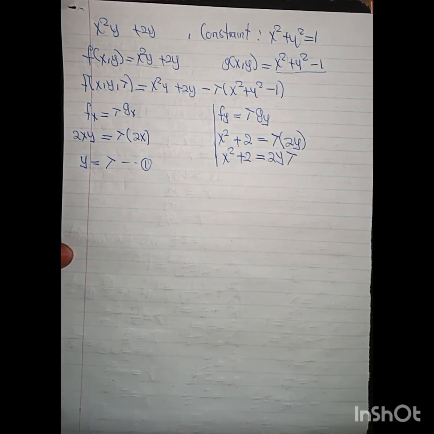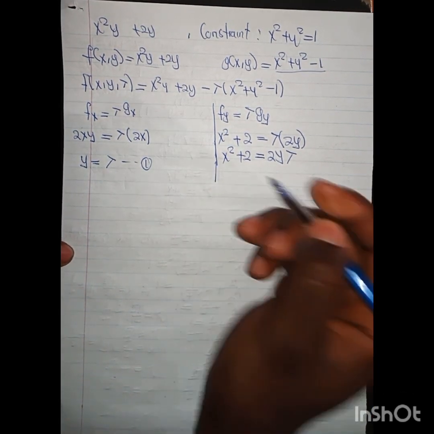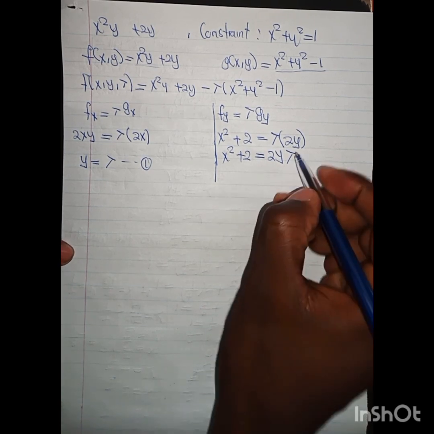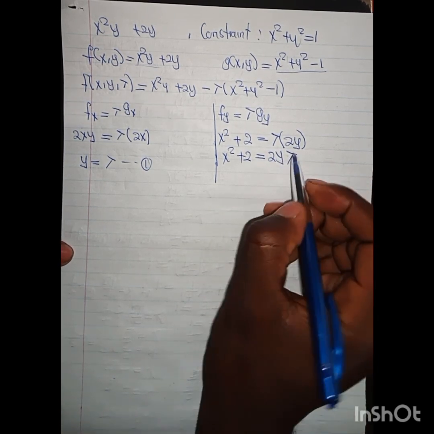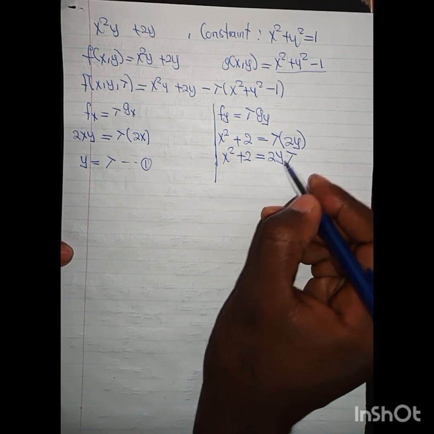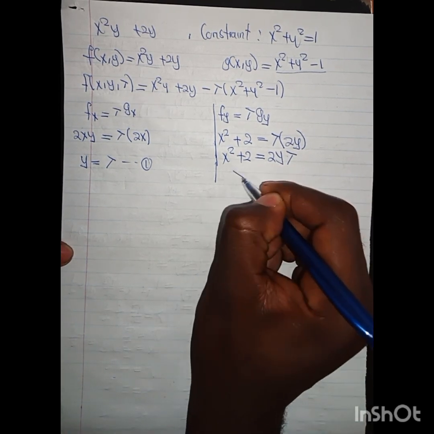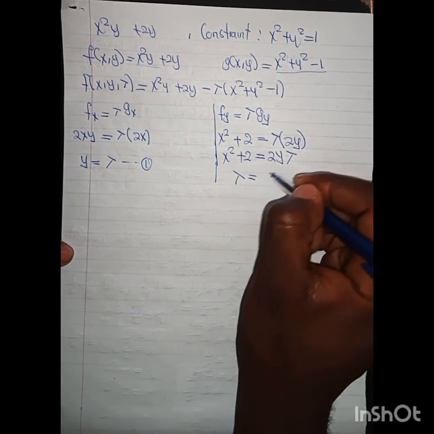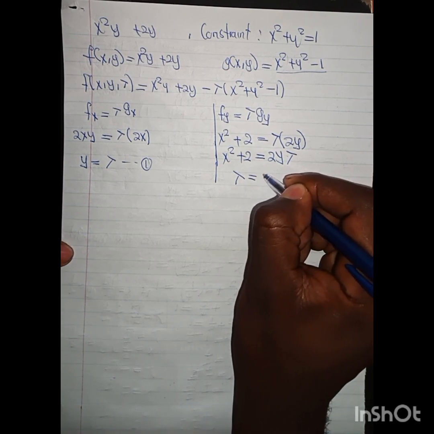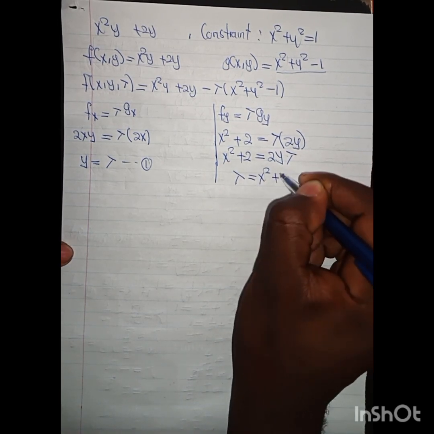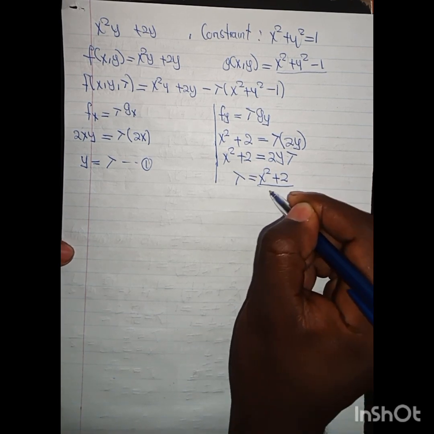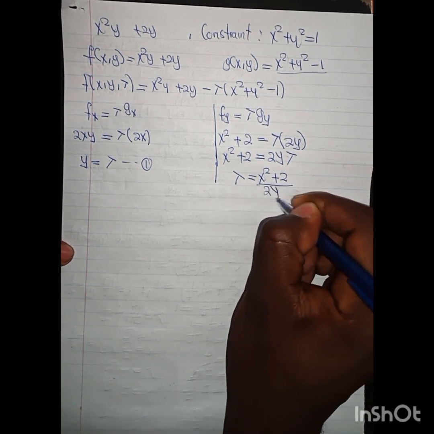So out of this we can make lambda the subject of the formula in this equation. Then if we decide to make lambda the subject of the formula, we get x squared plus 2 divided by 2y.